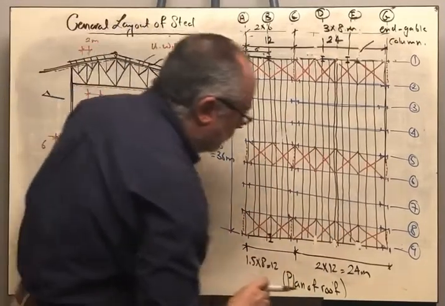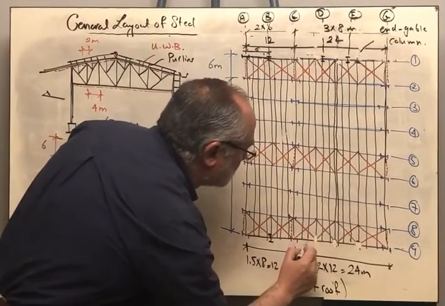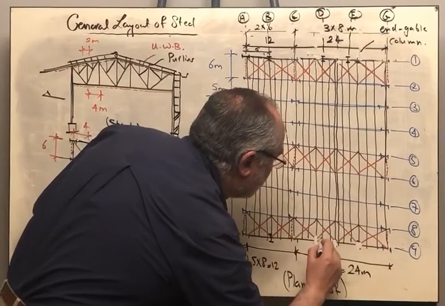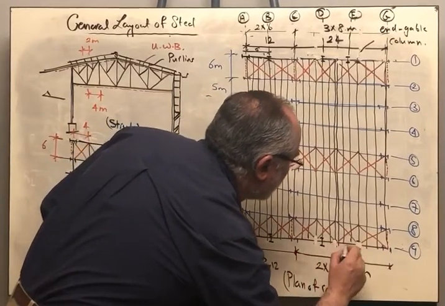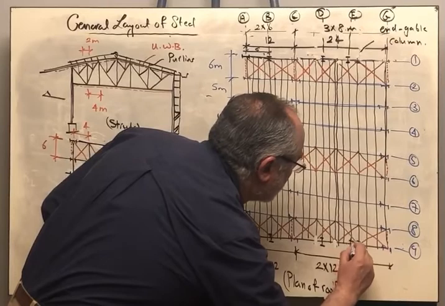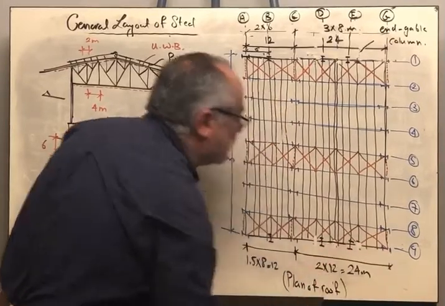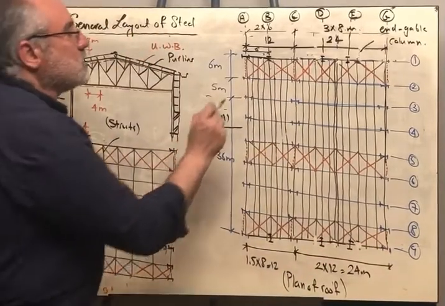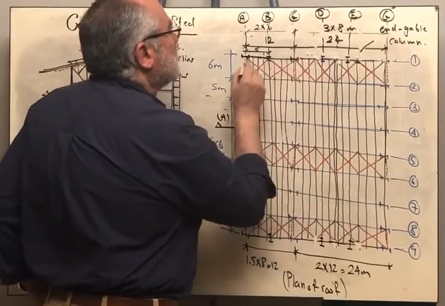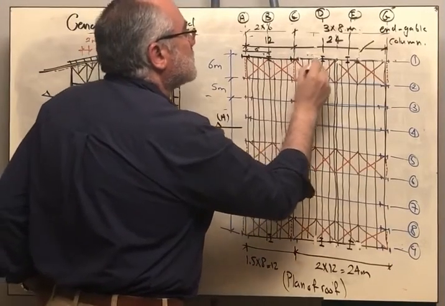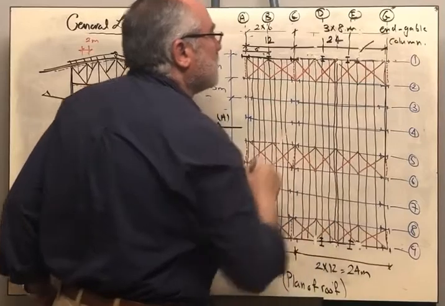Okay? Also the end gable columns, here I will have a column here and I will have a column there. Like this. So the spacing here between the columns will be 6 meters, 6 meters, 8 meters, 8 meters, and 8 meters.